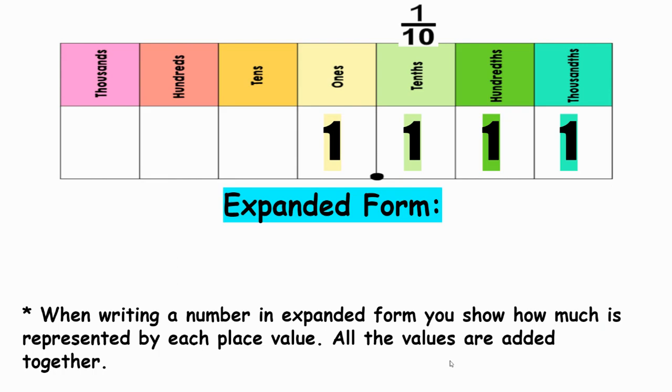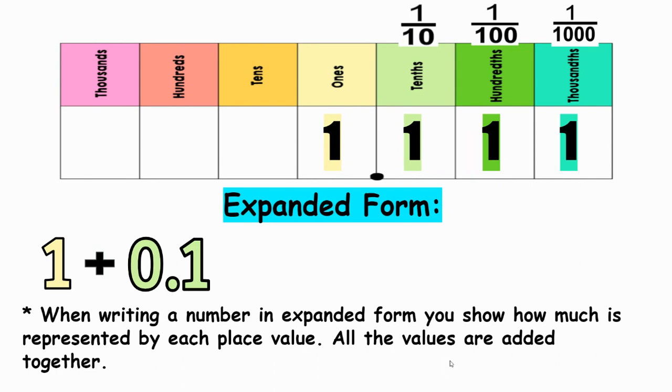So this tenths shows that we have a whole broken into 10 equal parts. The hundredths place shows that we have a whole broken into 100 equal parts. And the thousandths place shows that we have one whole broken into 1,000 tiny parts. So our one whole is represented with the number 1.